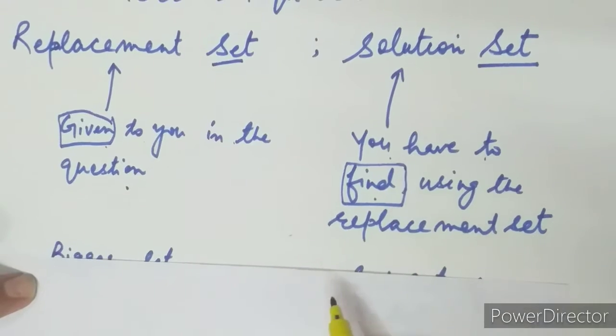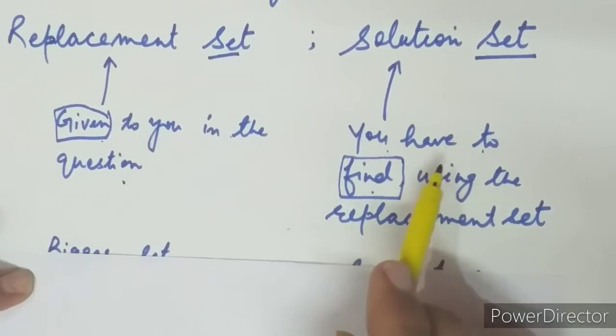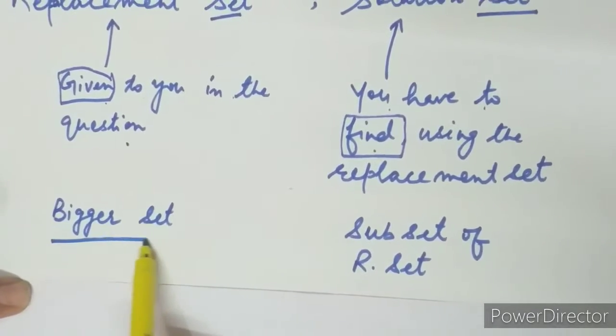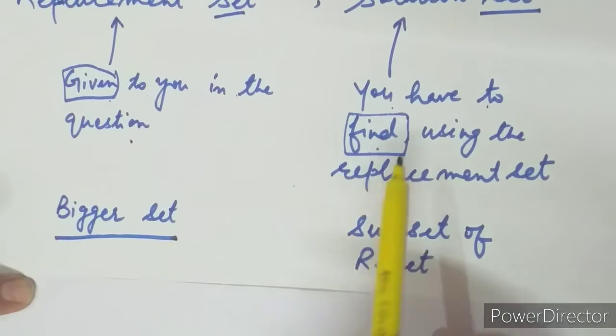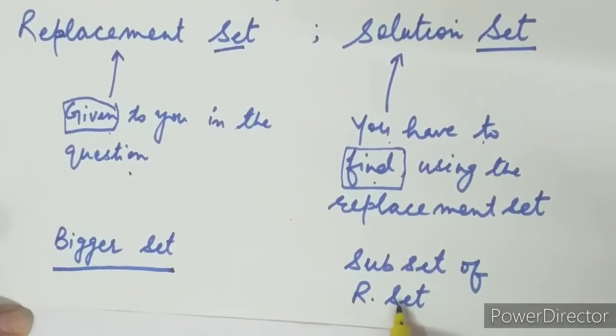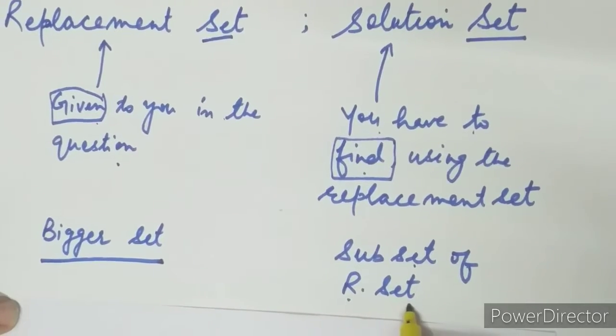Second very major difference between these two is that the replacement set is always a bigger set, whereas the solution set is always a smaller set, and it will always surely be a subset of the replacement set.